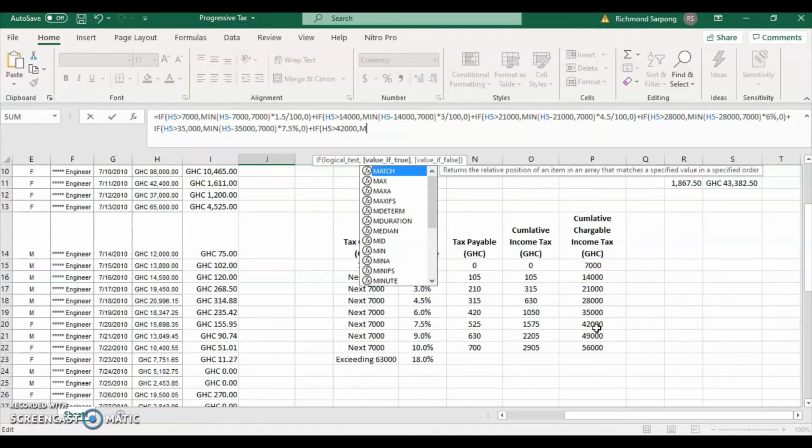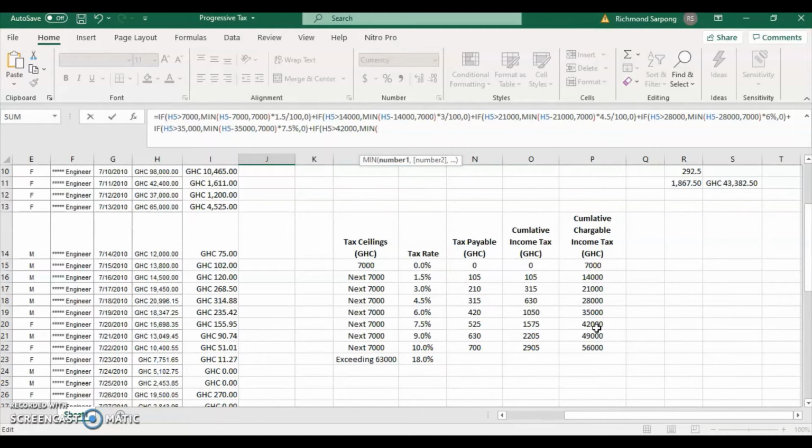Then you should do the MIN, H5 minus 42,000. 49,000.